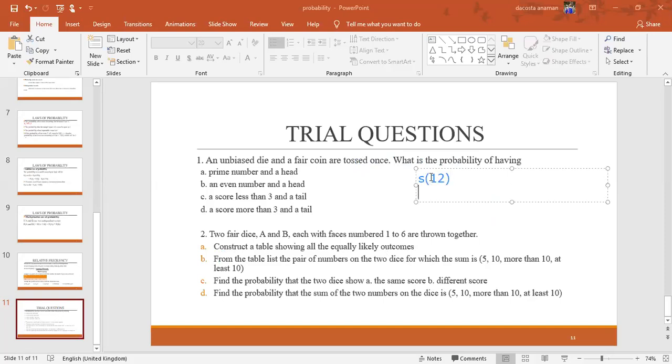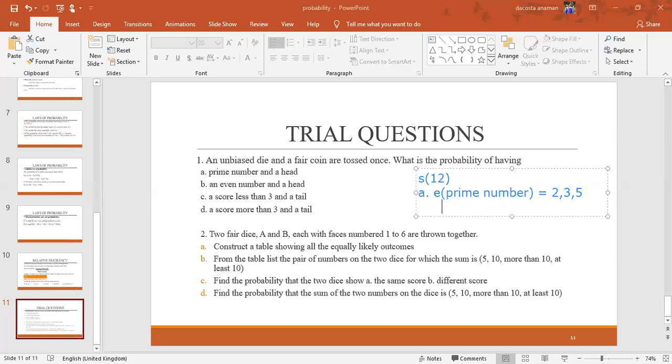Now it says the probability A is the probability of having a prime number and a head. So what are the prime numbers in this? The prime numbers are 2, 3, and 5.